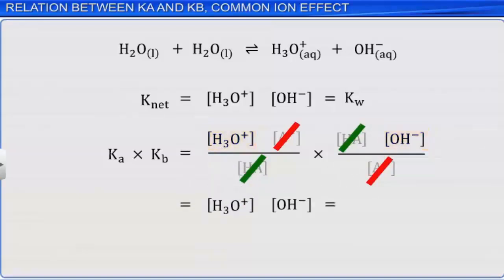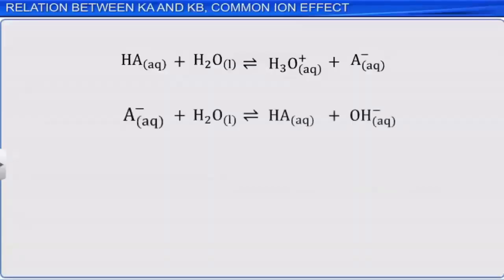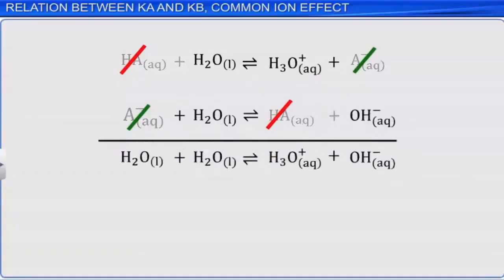Hence, it can be concluded that the product of Ka and Kb is equal to the ionic product of water. This leads us to conclude that the equilibrium constant for a net reaction obtained after adding two or more reactions is equal to the product of the equilibrium constants for individual reactions.